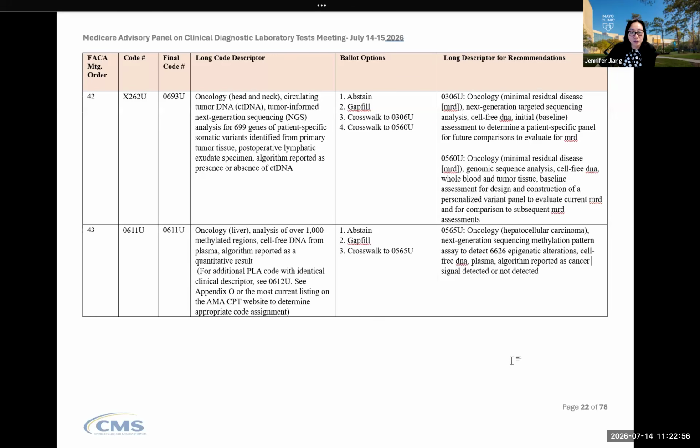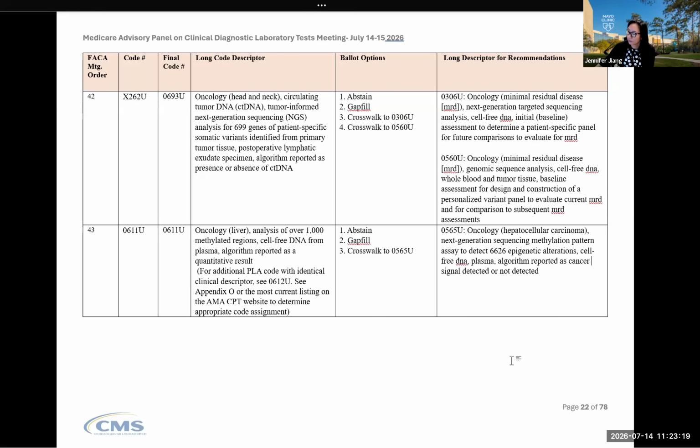The only difference is that 0611U offers a quantitative report, and 0565U reports a qualitative report. So crosswalk is appropriate, and gap fill should also be within consideration, but our panel does recommend crosswalk to 0565U.